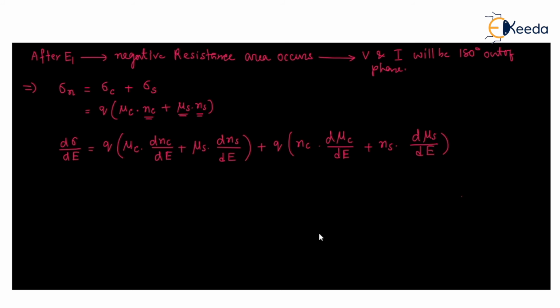So this equation gives d sigma by dE, which is nothing but the differential resistance of the Gunn diode.